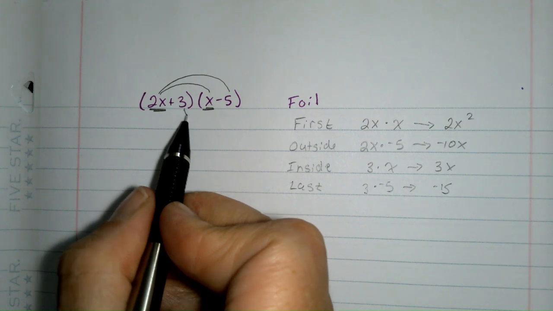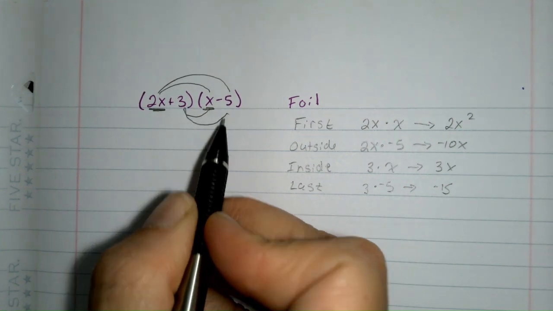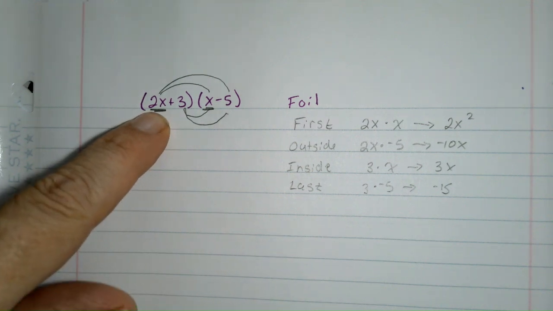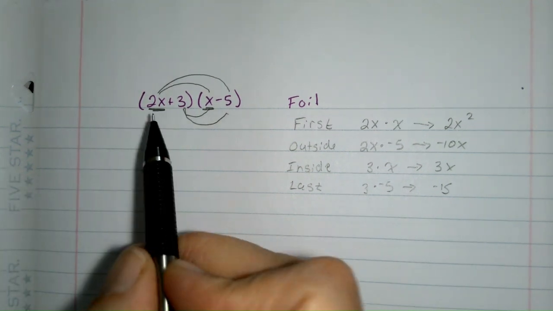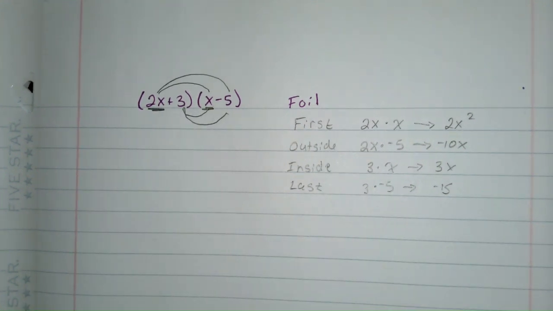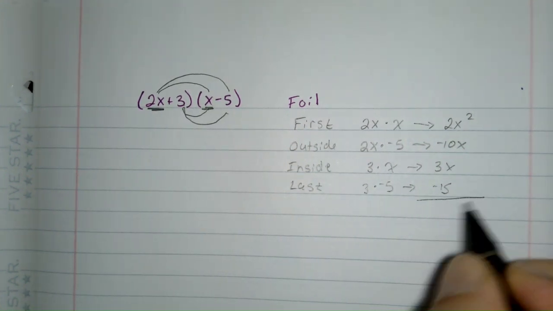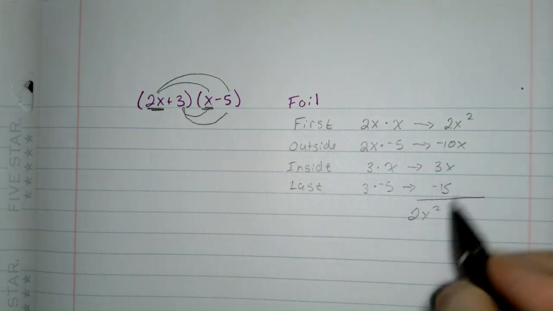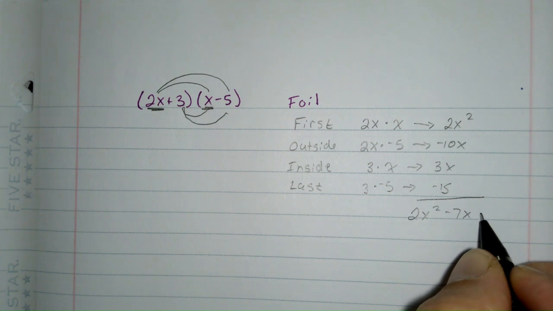So we took the 3 times the x and the 3 times the negative 5. So really, we just distributed the 2x to the second parenthesis. We distributed this and this to the second parenthesis. That's all we did. And then you combine like terms. So we had the 2x squared, negative 10x plus 3x is negative 7x.